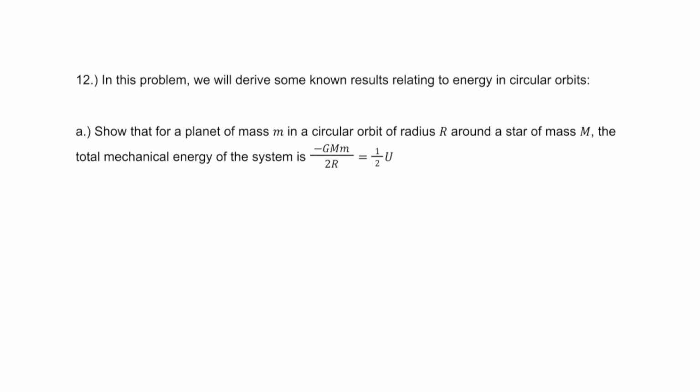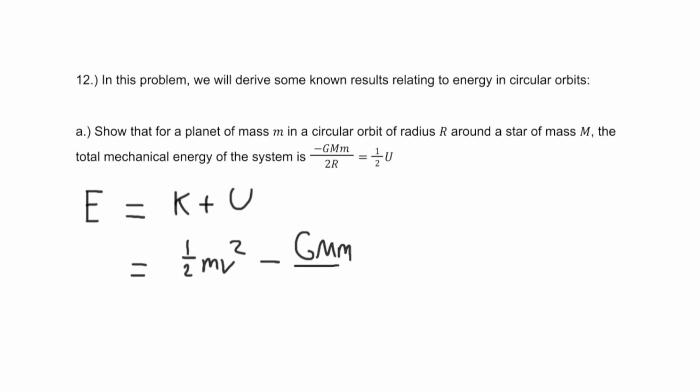If we're asked about the total energy of the system, it's always just kinetic plus potential. Kinetic energy of the planet is 1/2 times mv squared, and the potential energy is negative GMm divided by r.